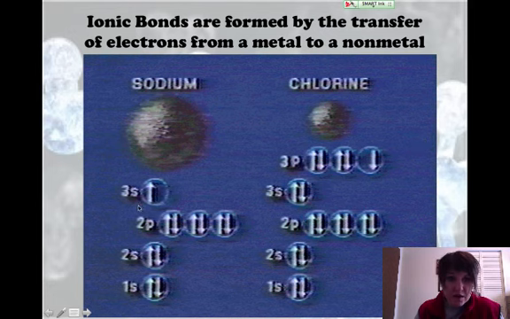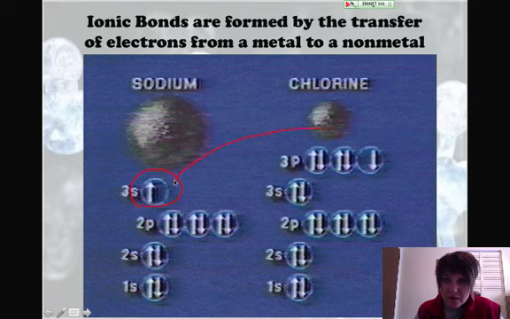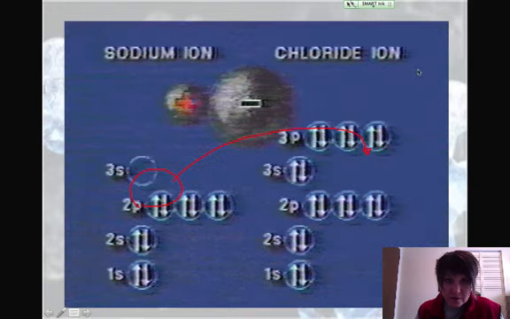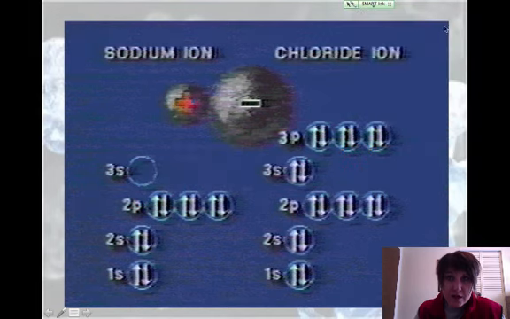Notice this lonely electron in the 3s needs to find a home, and the 3p orbital of chlorine has a place for that electron to go. So we move it over, and now both atoms have noble gas configuration. The sodium ion looks like neon, and the chloride ion looks much more like argon's configuration. So that reaction was stabilized because of the formation of the noble gas configuration.